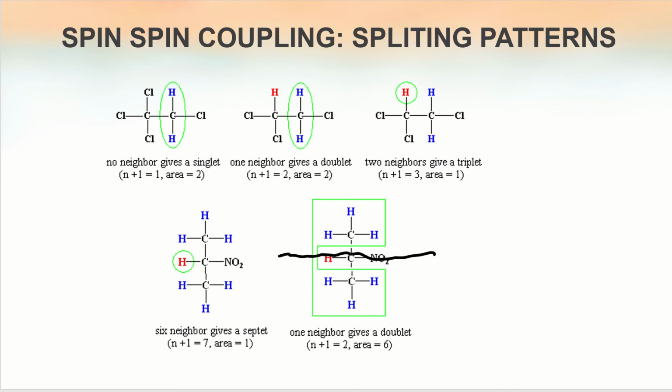If we fold the molecule along that line, I know it's not a straight line, but just imagine that it is straight, we'll see that we have a line of symmetry. If we have a line of symmetry, that means that both methyls are in the same electronic environment.